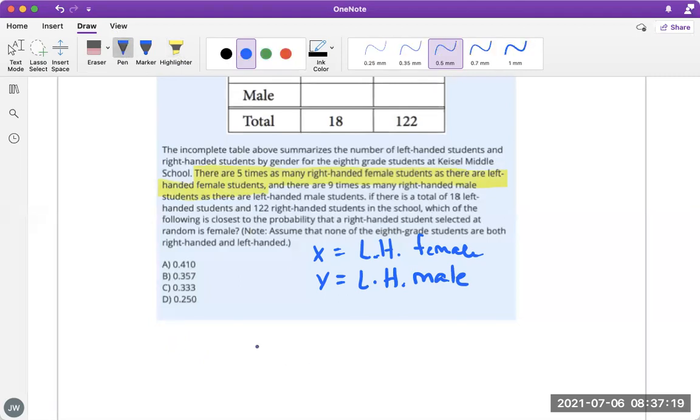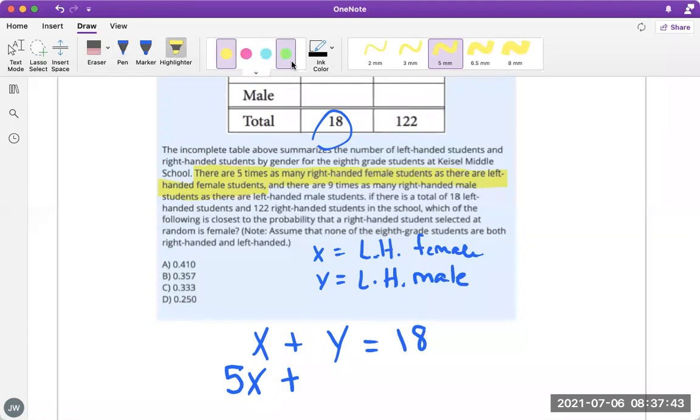So here's what that looks like. Since we're comparing them, we have X plus Y. And how many left-handed students all together? 18. So I'm going to pull that number. And then since X was female, 5 times X for female. All right. And then how many was the right-handed male? You guys remember?